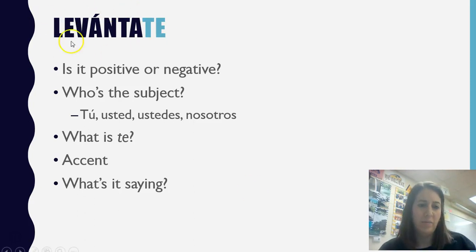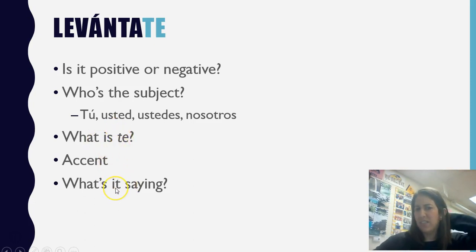So levanta, what type of command is that? Well, we know levantar is an AR verb. So in this case, levanta is a tú command. I'm talking to you. And we know that te means you, so since it's a tú command and there's a te, that means that that's a reflexive verb. So, what is it saying?